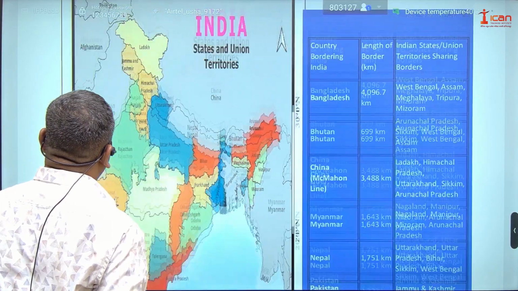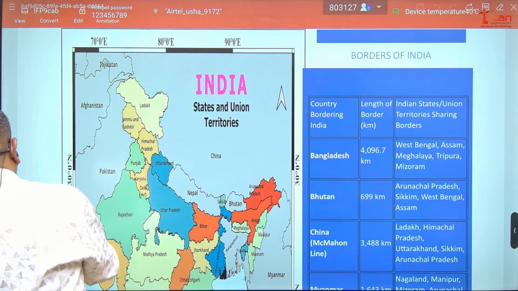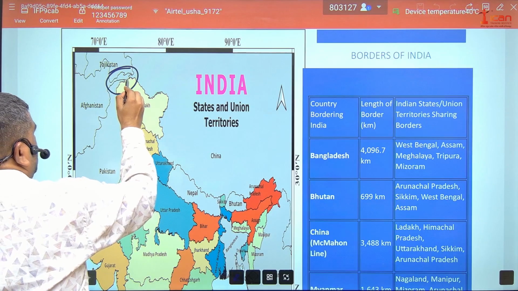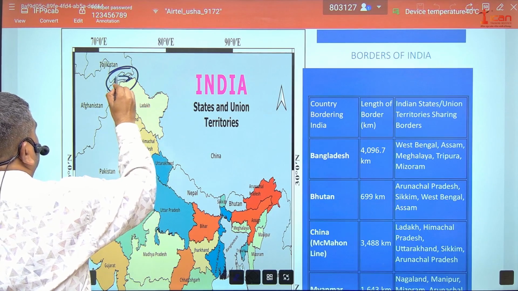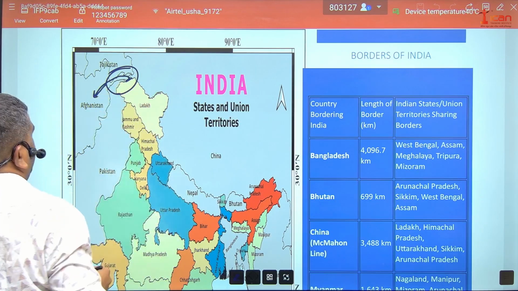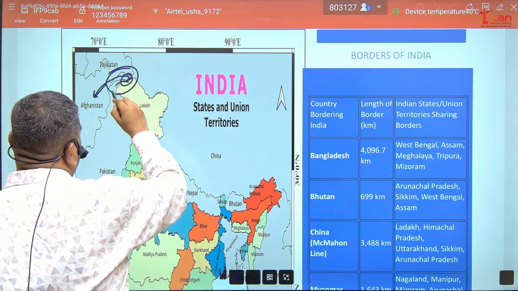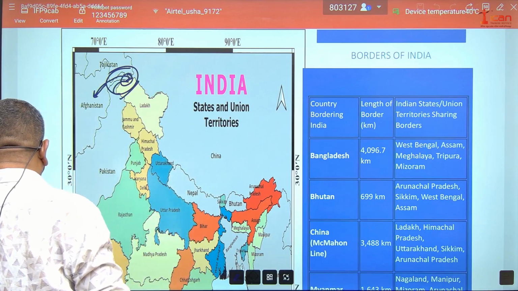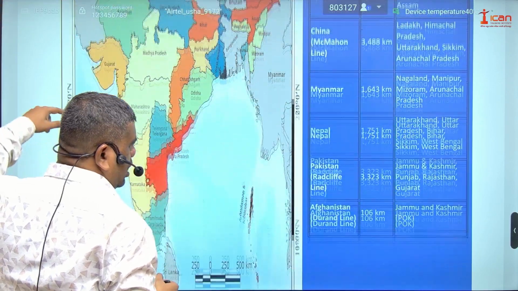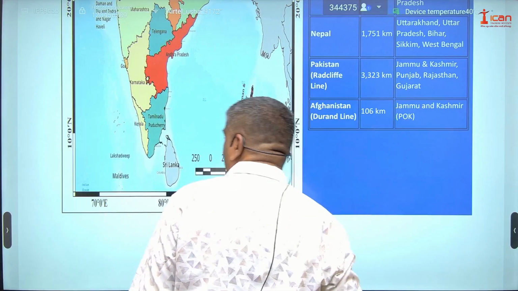So Afghanistan, actually right now we have a small issue because there is an illegally occupied part here by Pakistan. But this portion of Ladakh actually had, so the state of Jammu Kashmir, we can say that it had a direct border with Afghanistan. But then it is now under illegal occupation, which is contested, which is debated. We call it POK, Pakistan Occupied Kashmir.